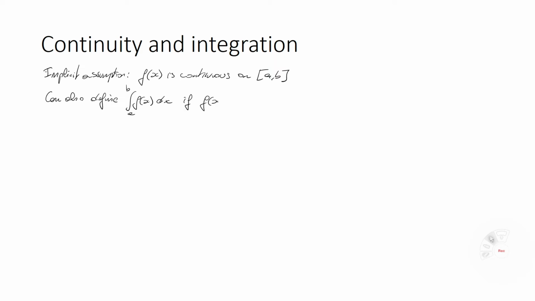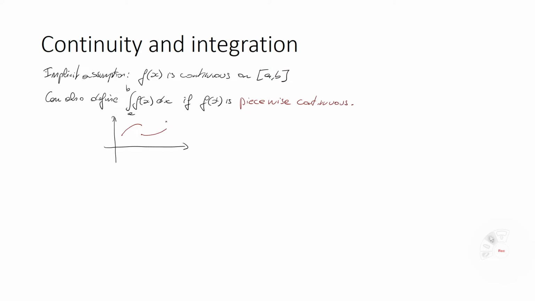So we can also define the integral if f of x is piecewise continuous. And what do we mean by that? Well, a piecewise continuous function is one that is continuous except for a couple of points where it has a jump.